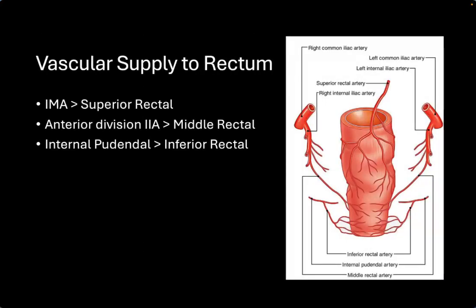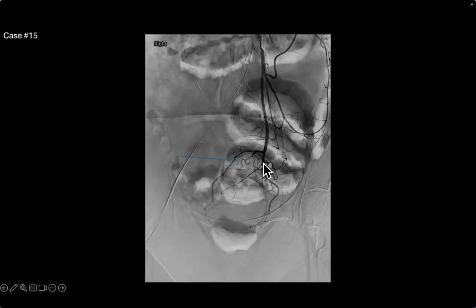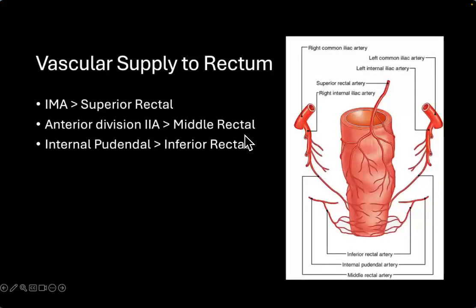Okay, this is an IMA injection, and we're pointing to the superior rectal artery. So the vascular supply to the rectum involves multiple vascular territories. The superior rectal is typically the largest, though there are some variants. This arises from the IMA, but then you've got supply from your middle and inferior rectal arteries that come from your iliac system. In this case, here's the right internal iliac.